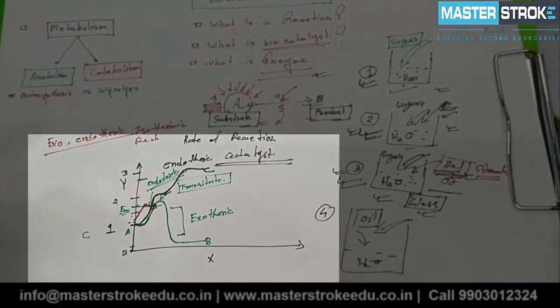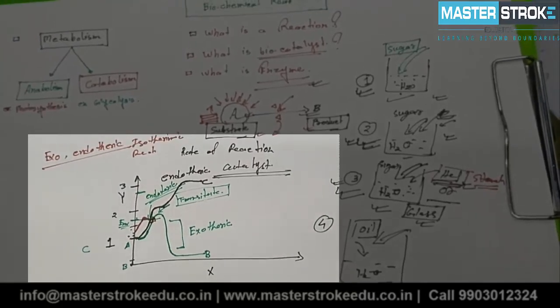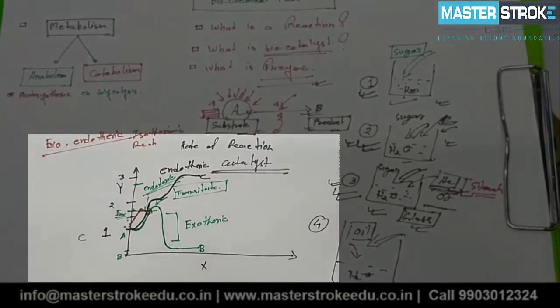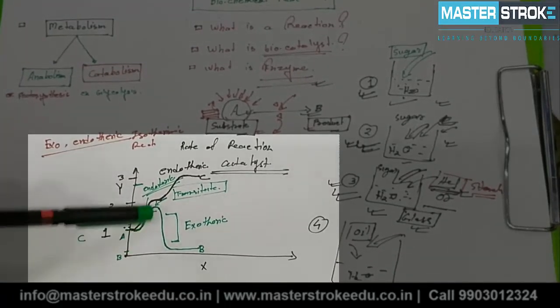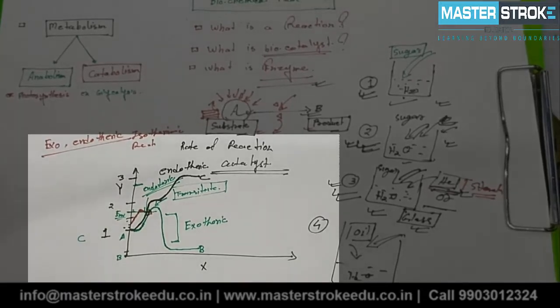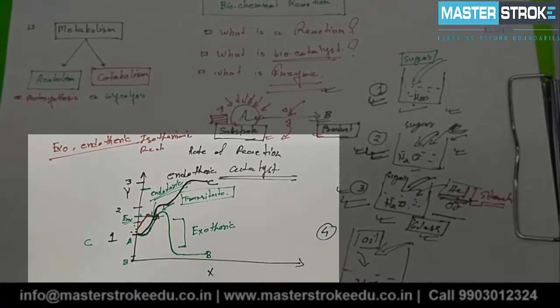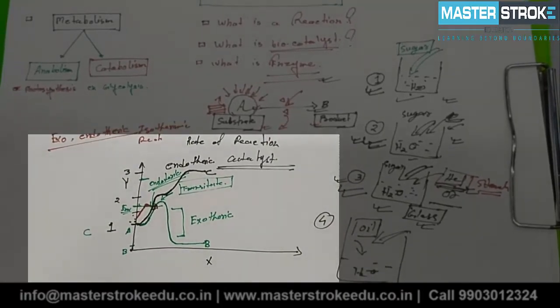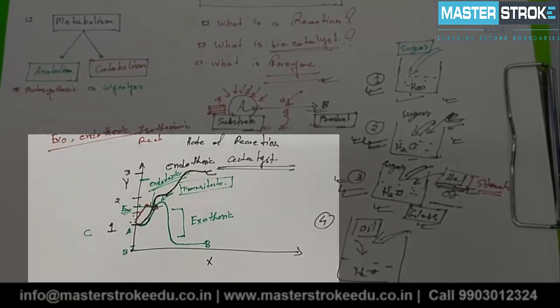From this graph we can understand that every substrate must reach the transition state to complete the reaction. The enzyme only helps the substrate to reach the transition state faster, so the rate of the reaction is accelerated.